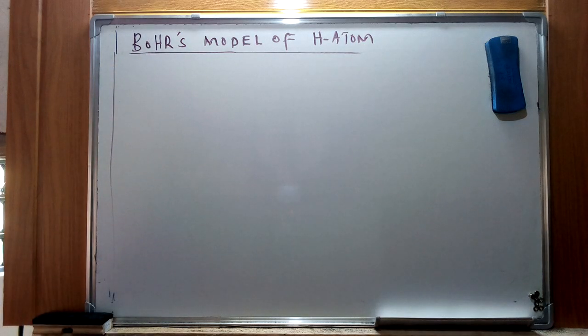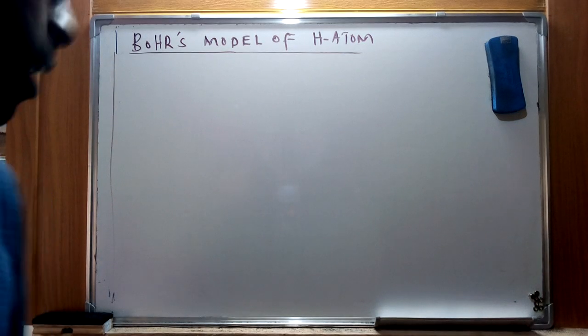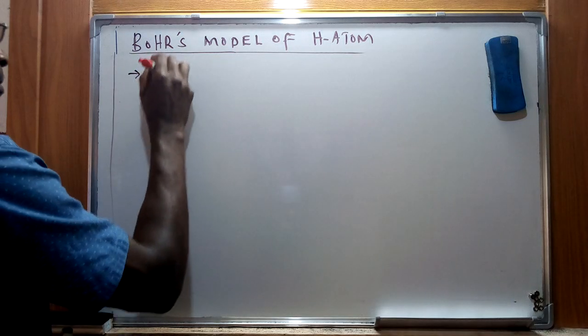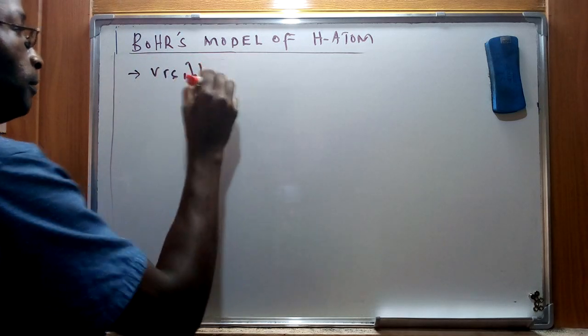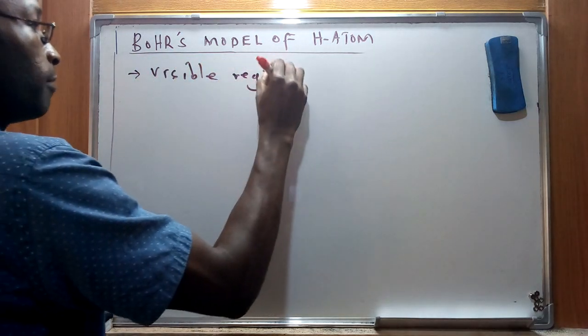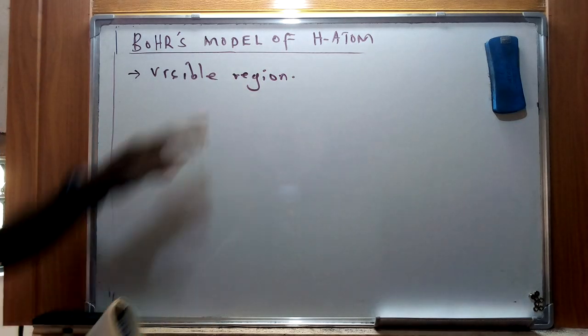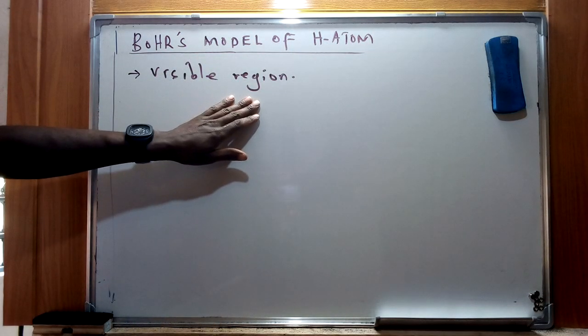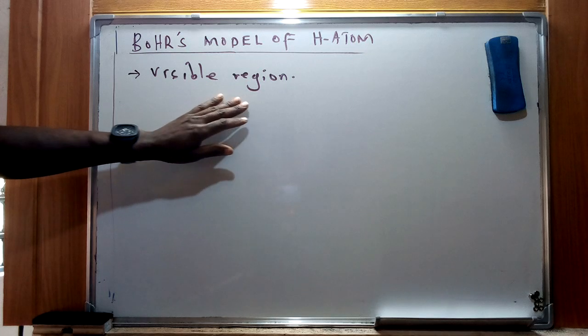I've mentioned that the atomic spectra of atoms are very specific, and therefore the atomic spectrum of hydrogen is going to be shown to consist of a series of lines which occur in the visible region of the electromagnetic spectrum.